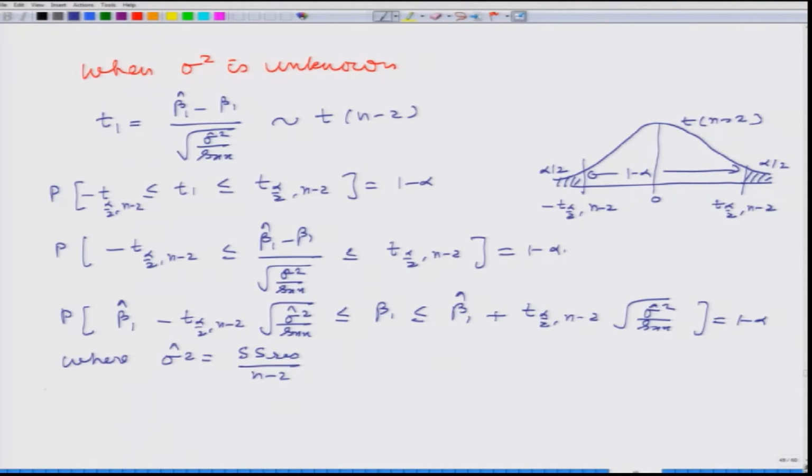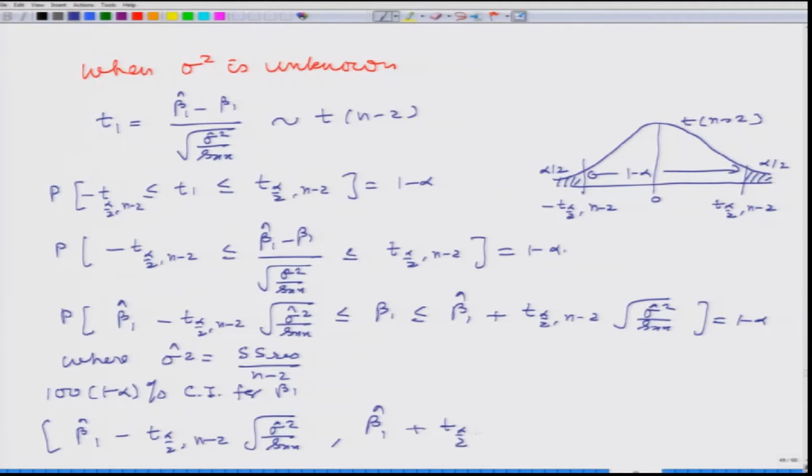Okay. So, now I have obtained the 100(1 minus alpha) percent confidence interval for beta 1 when sigma square is unknown as an interval like this, from beta 1 hat minus t alpha by 2, n minus 2 times the square root of sigma hat square over Sxx, to beta 1 hat plus t alpha by 2, n minus 2 times the square root of sigma hat square over Sxx. Right.